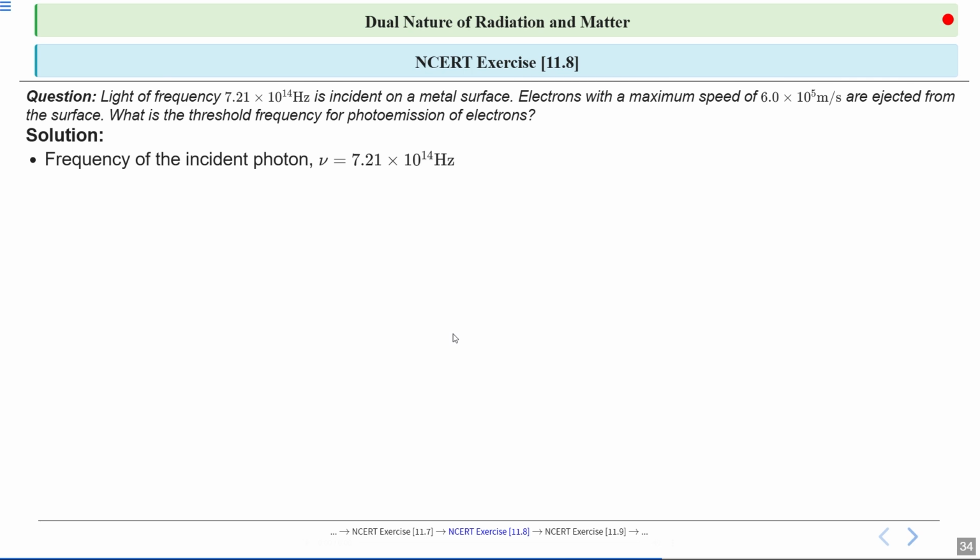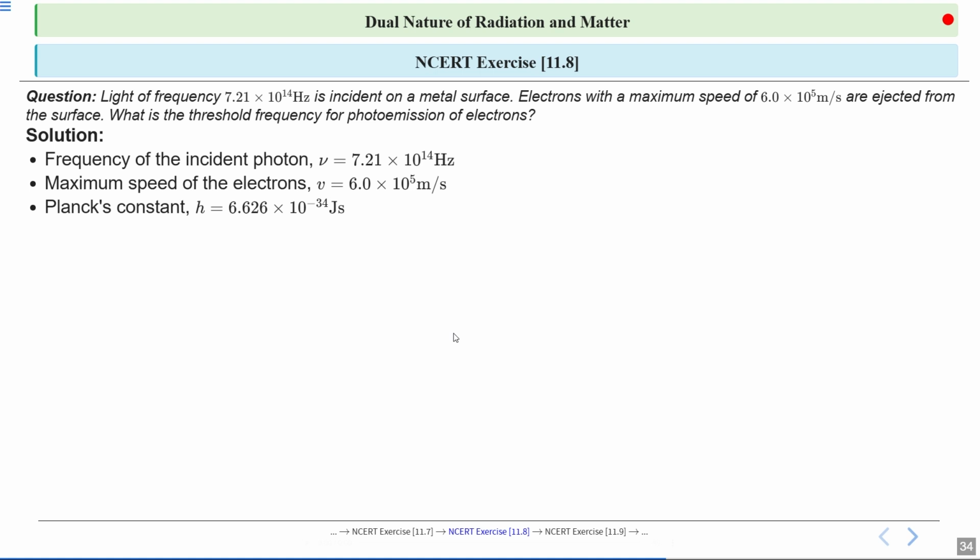The frequency of the incident photon nu equal to 7.21 into 10 raised to the power 14 Hz. Maximum speed of the electrons is 6.0 into 10 raised to the power 5 meter per second. Planck's constant h is equal to 6.626 into 10 raised to the power minus 34 joule second. Mass of an electron m equal to 9.1 into 10 raised to the power minus 31 kg.